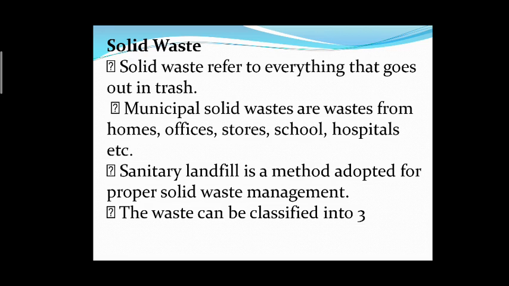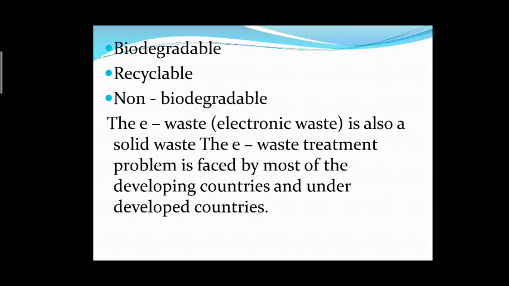The solid waste can be classified into three categories. Biodegradable means they can be degraded by living organisms like bacteria, fungi, etc. Then recyclable. Recyclable, for example, rubber, then plastic, thermoplastic.